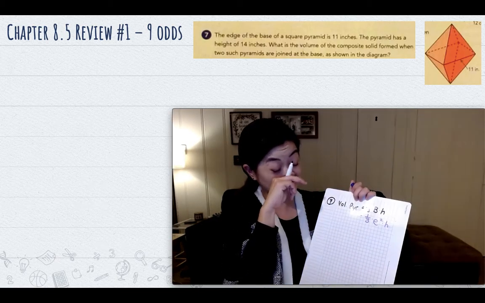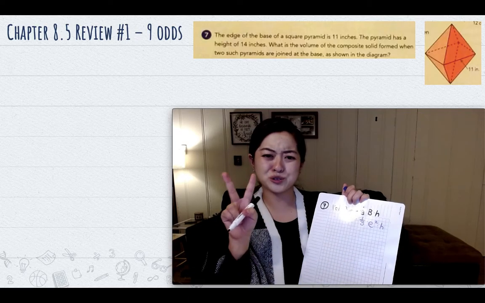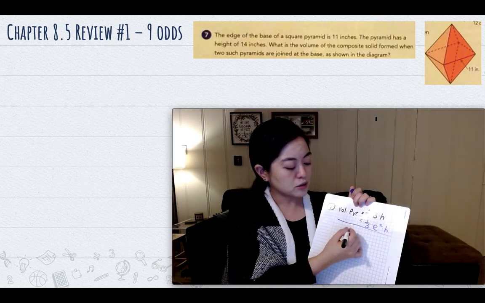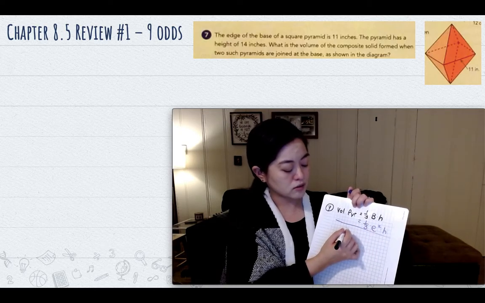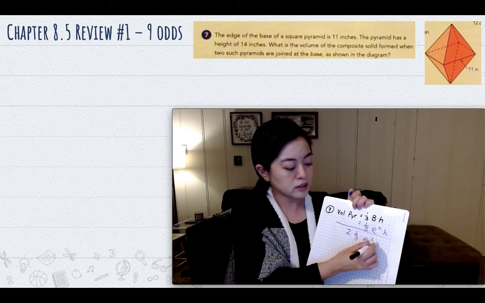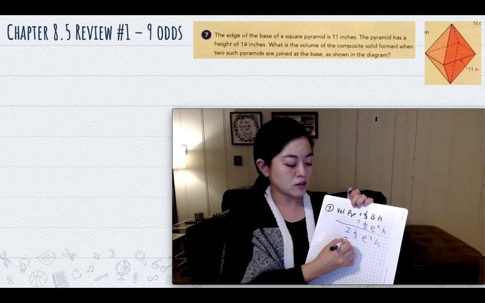And that's the volume of the pyramid. But how many pyramids are there? Oh, there are 2 pyramids, right? So you want to do 2 times this. So 2 times 1/3 times e squared times h. And they give you a value for e, don't they?